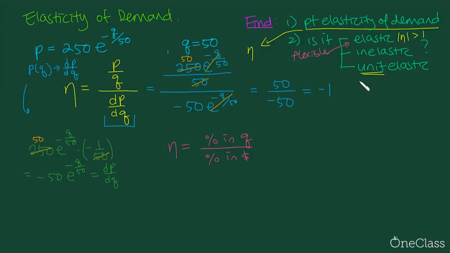Unit means one thing per unit, so you can guess that this is equal to 1. That means every percentage change in quantity is equal to the percentage change in price. Inelastic means the opposite of elastic. That means this is not flexible.